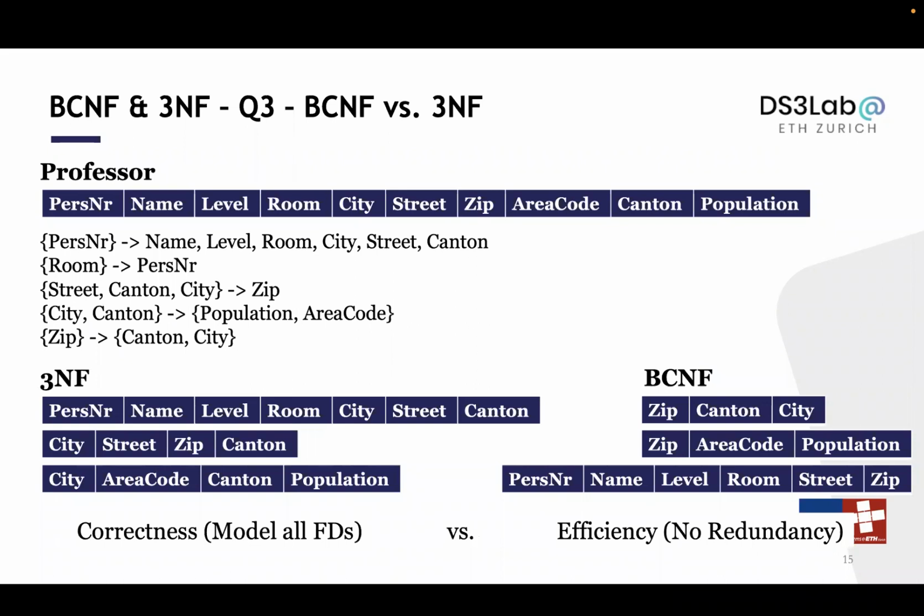And BCNF, right, tries to emphasize efficiency. That is, it doesn't have data redundancy caused by functional dependency. It could have other data redundancy, which I'm going to talk about today, but not redundancy caused by functional dependency. But the downside, there's no free lunch, is that it could lose functional dependencies, okay?